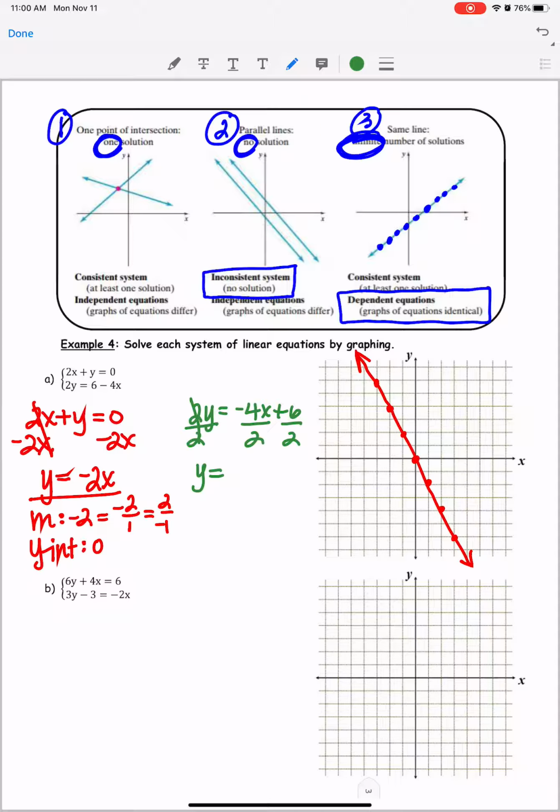So we've got y equals negative 4 divided by 2 is negative 2x, and 6 divided by 2 is 3. Now my slope is negative 2, which is negative 2 over 1, and my y-intercept is 3.